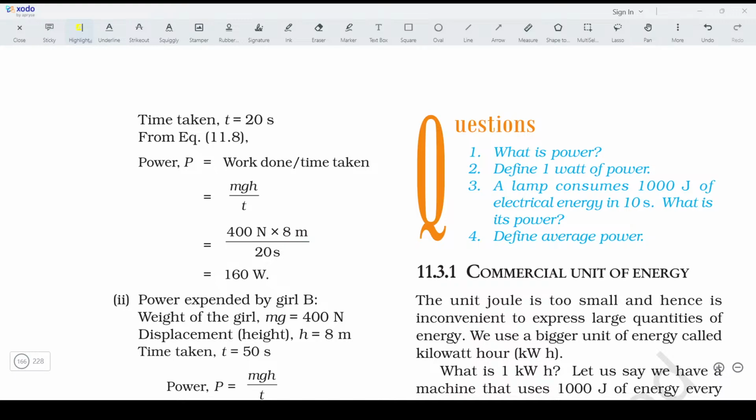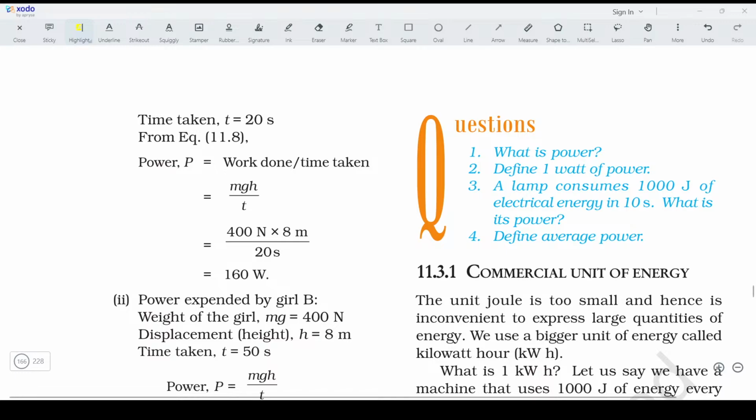We haven't done the first chapter, motion. Not Newton's laws of motion, the motion with the equations like u t plus half a t square. That we will do next, okay? Next class we will do that chapter.